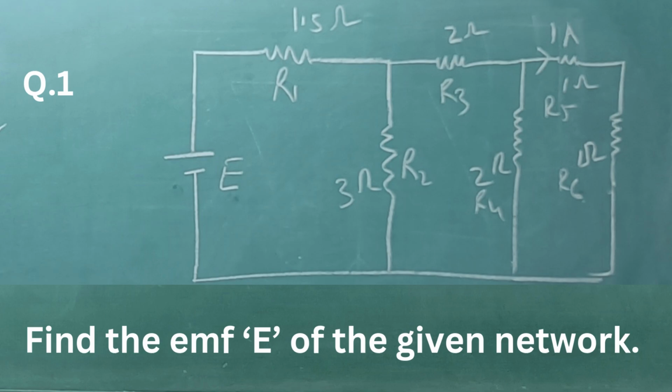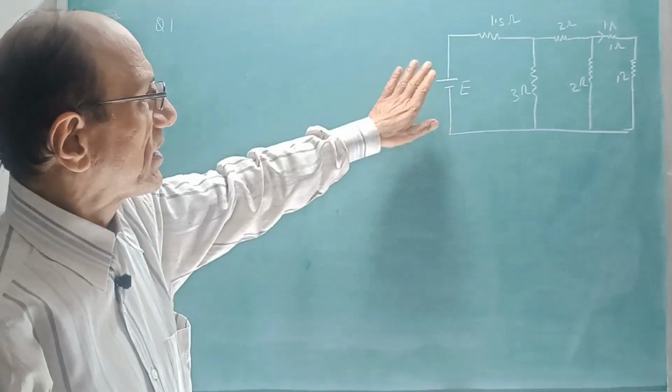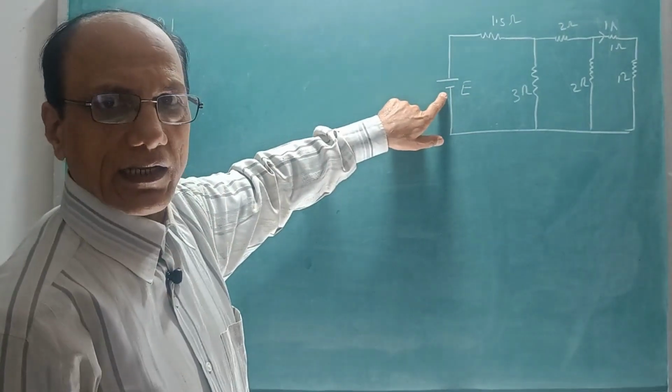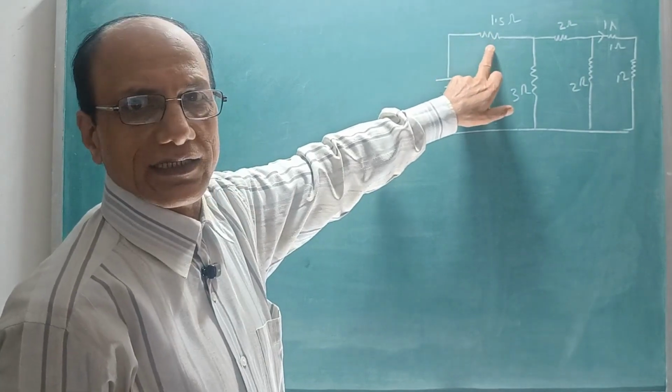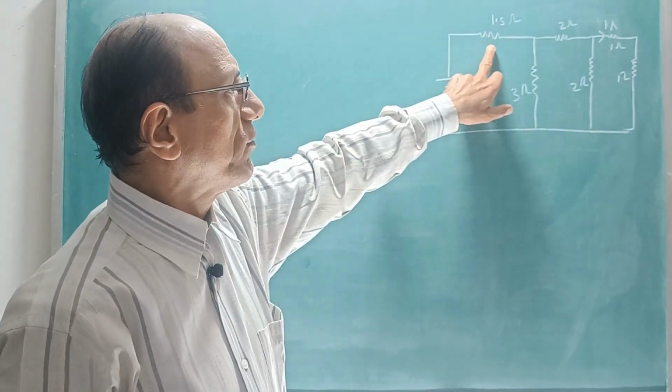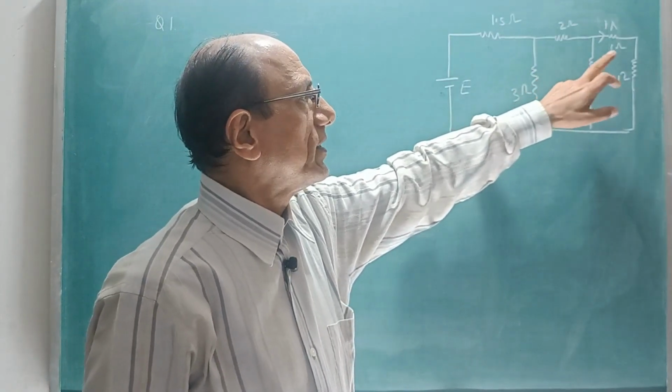So we have to find the value of this EMF E. So the given circuit is, here an EMF E is applied, which we have to calculate. This resistance is 1.5 ohm. This is 2 ohm.